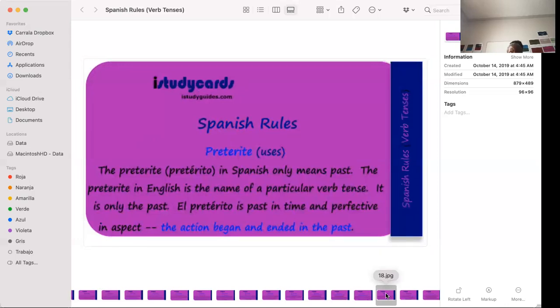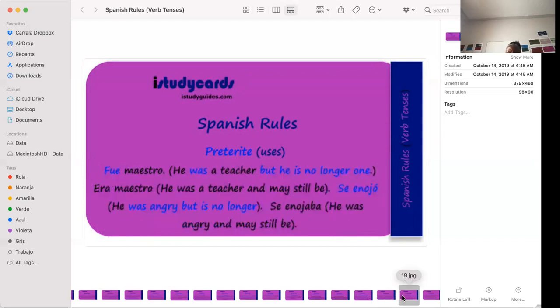And the word preterit in Spanish means past. It's not just the name of a tense. The word means past. And here's an example. Fue maestro. I'm emphasizing the fact that he's no longer a teacher. Era maestro. He was a teacher. He still may be a teacher.